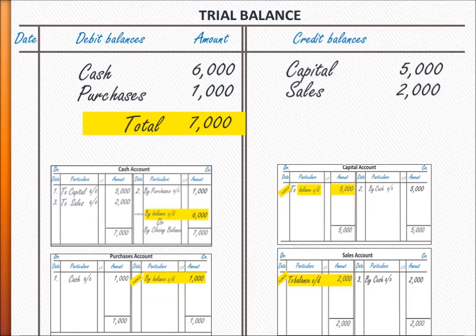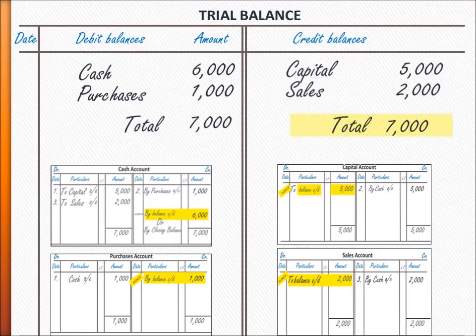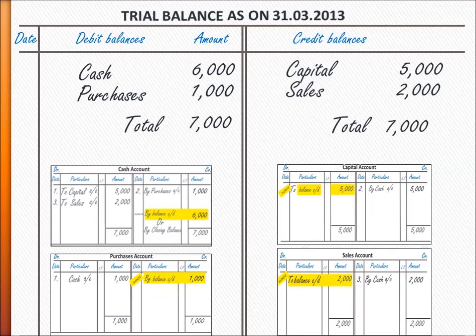Now come to the credit side. That is capital account rupees 5,000 and sales account rupees 2,000. The total is 7,000. And please write down at the top of the trial balance 'as on' or 'as at' 31st March 2013.